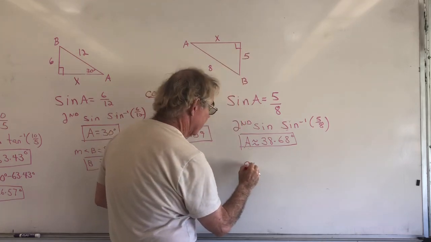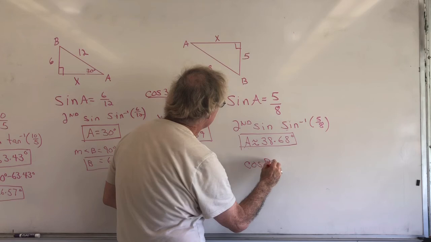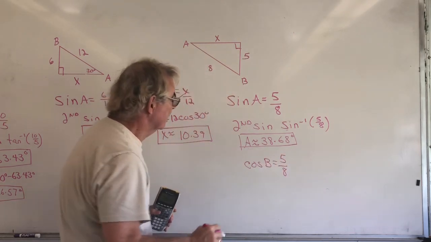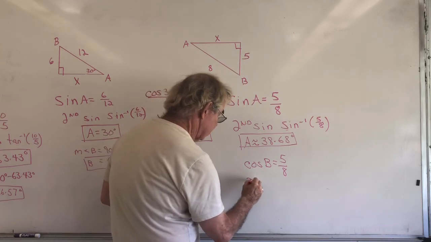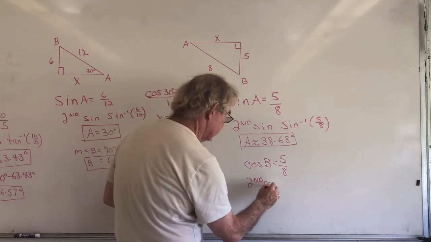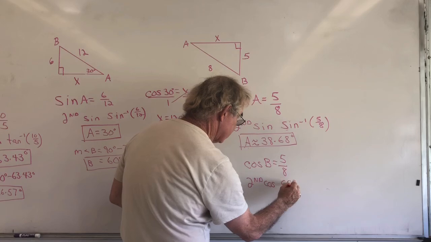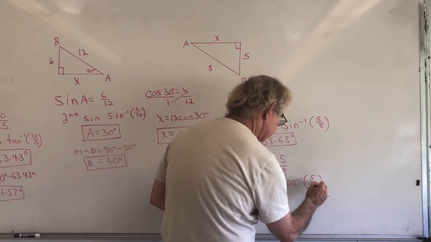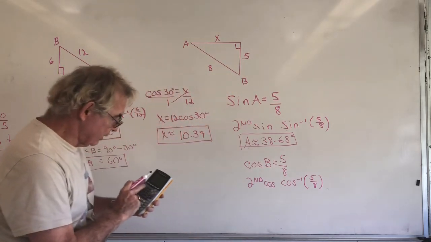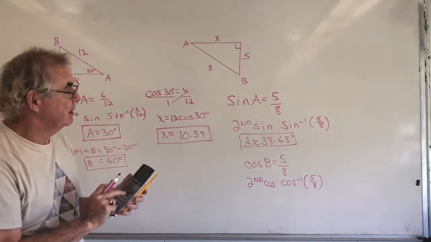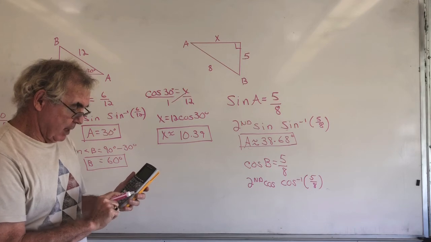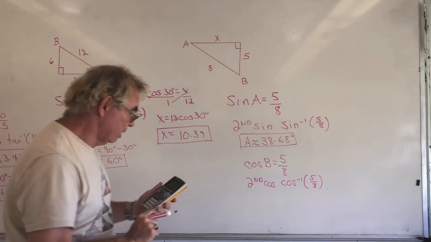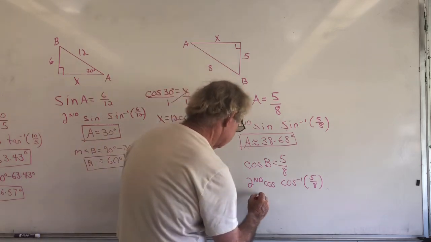So we would say the cosine of B is the adjacent over the hypotenuse. Hit second cosine, and that opens up the inverse cosine of 5 over 8. Typing that into your calculator, second cosine, 5 divided by 8, we get approximately 51.32.